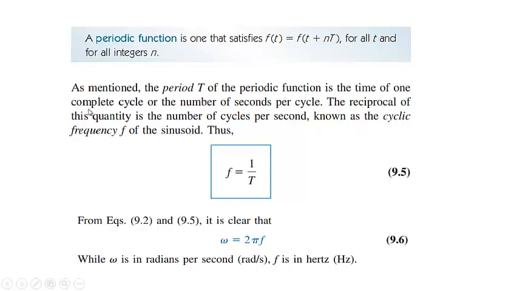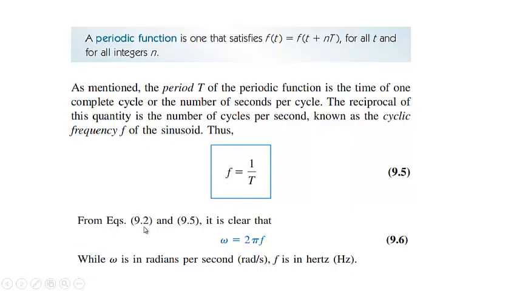What is the time period? The time period is the number of seconds per cycle, how many seconds it takes in one cycle. The reciprocal of it is the number of cycles per second, how many cycles it completes in 1 second, and that is known as cyclic frequency. The reciprocal of this T is known as the cyclic frequency. Thus f is equal to 1 by T.